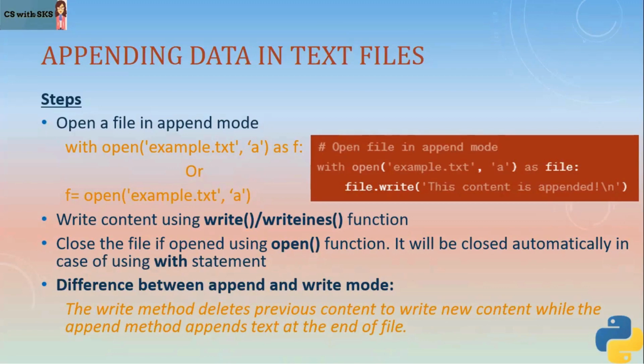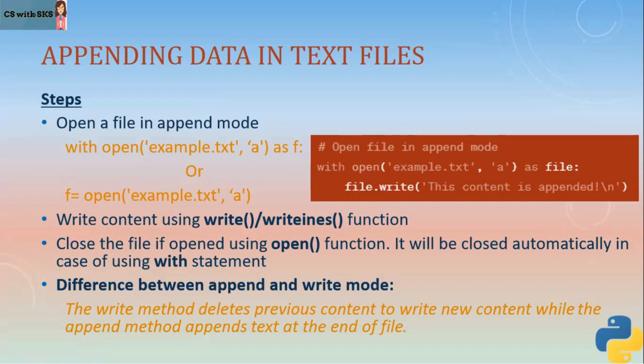Append mode is different in that whatever is already in the file will stay there, and whatever new content you write will be appended at the end of the file. So that's the major difference between write and append mode. Same steps: open the file, write the content using write or writelines, and then close the file. That is how append works.